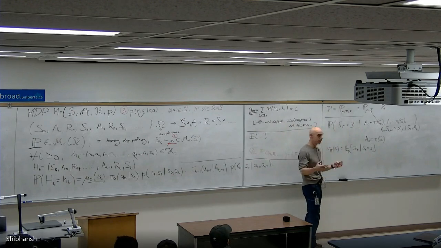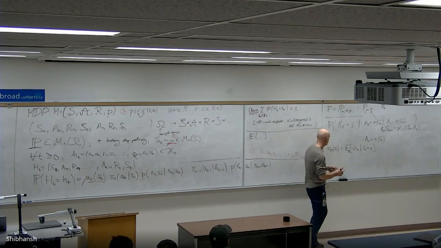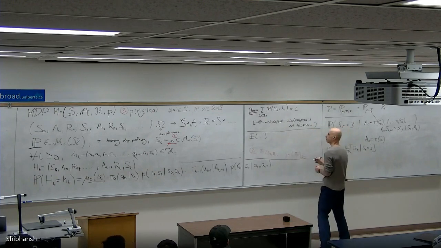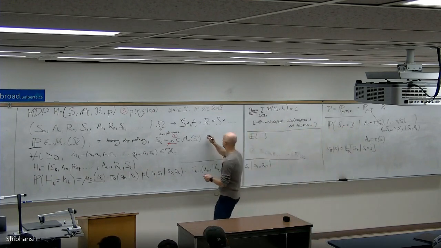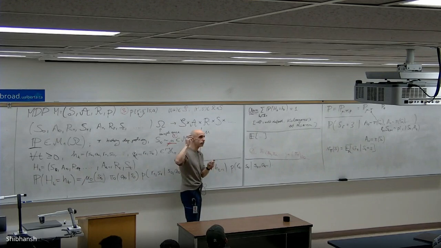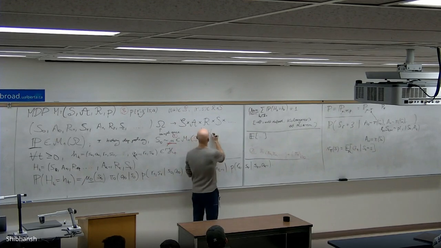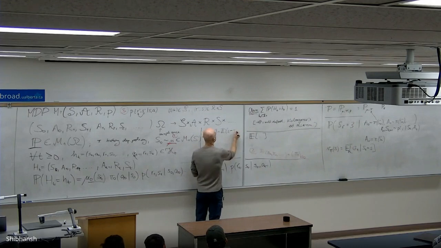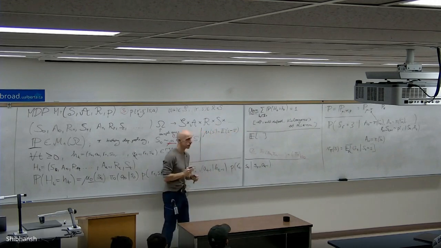Well, today we introduce all this beautiful notation. So a very simple definition is that you take as mu the distribution that puts probability mass of 1 on state S. This is just the indicator that S equals S prime.